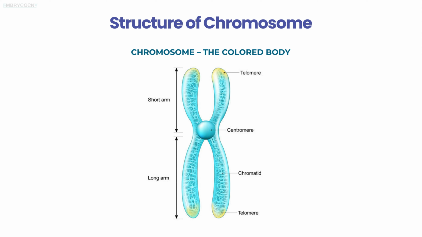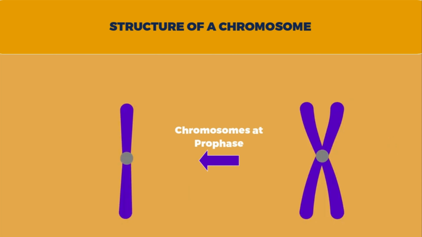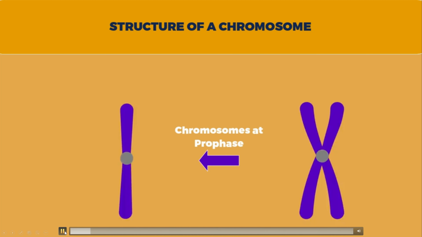This is a typical structure of a chromosome where the tail ends are called telomere joined by a centromere, and the centromere divides it into two arms. Chromosomes can be represented by either structure on your left or the structure on your right.